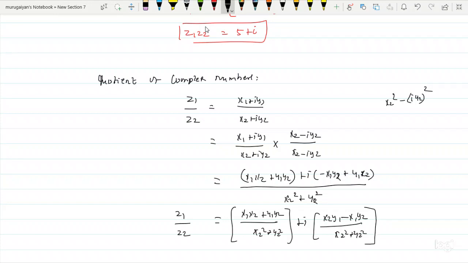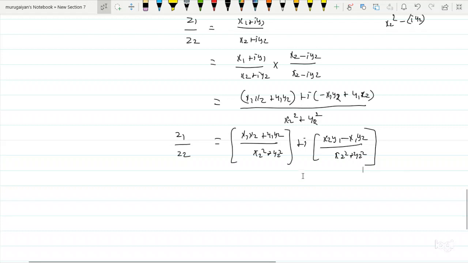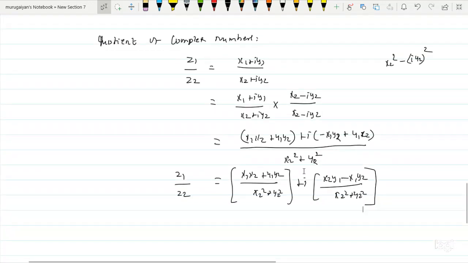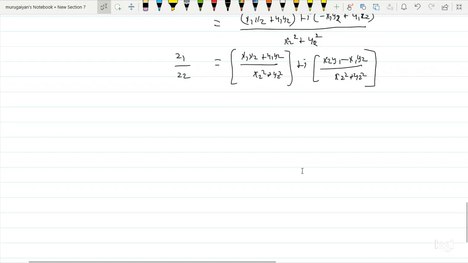This is the imaginary part of the complex number. You need not memorize this formula. You must know the process, that is the conjugation process, to convert the denominator into a real number.